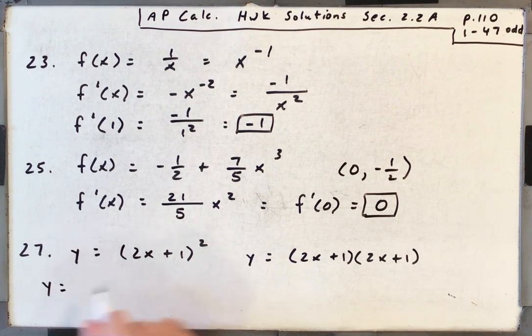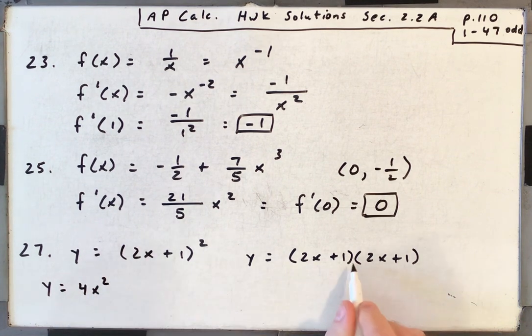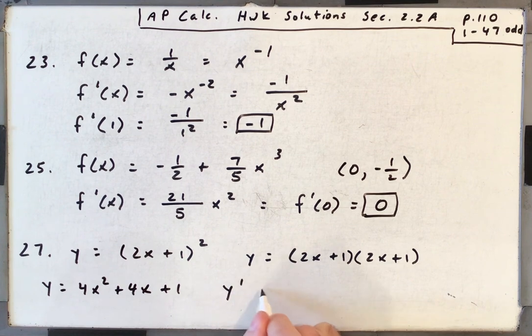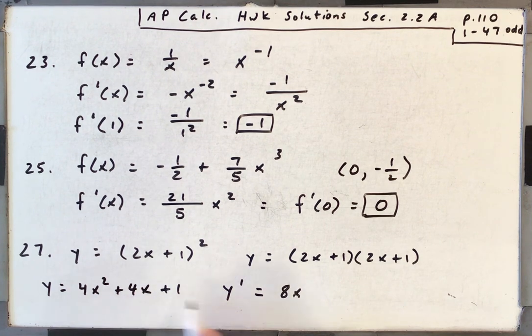So y is equal to 2x times 2x would be 4x squared. And then we've got plus 2x, so plus 4x plus 1. So y prime is going to be 8x, because 2 times 4 is 8, minus 1, plus 4.